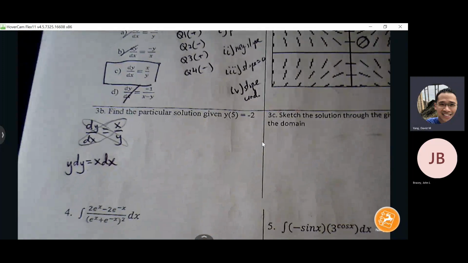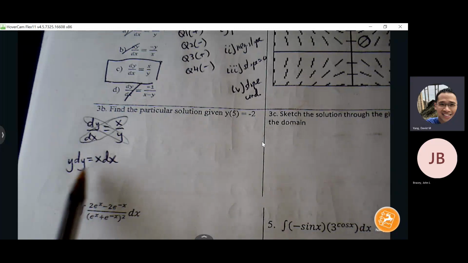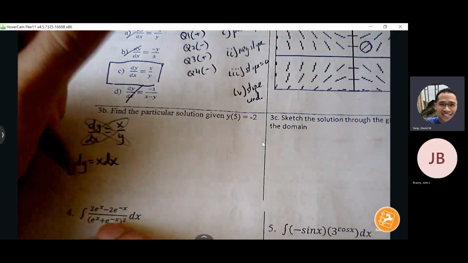So once I cross multiply, it looks like it's already giving me separation of variables. Y is together, X together. So I can just go ahead and take the antiderivative.